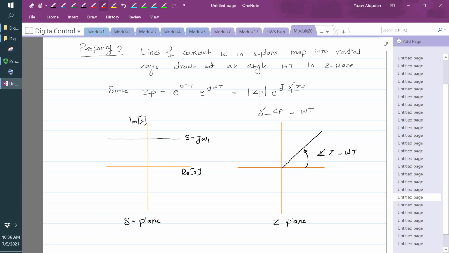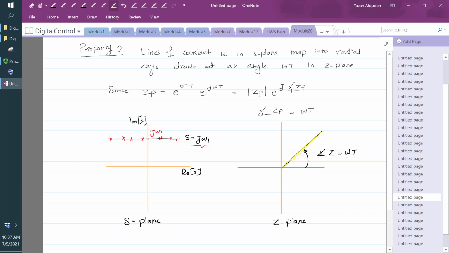So what that means, if I come here to the S domain and plot a line, all these poles along this line have different sigmas, but they all have the same j omega 1. Now this line is going to map into a radial ray that makes an angle that is omega multiplied by t.